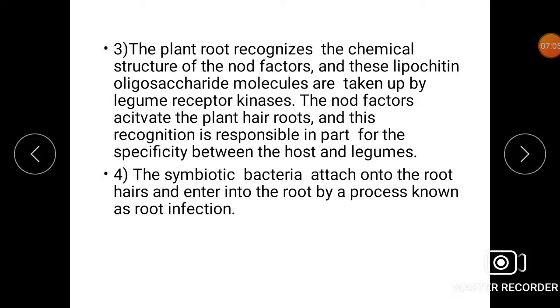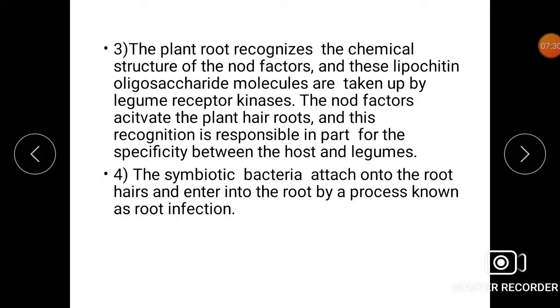The plant root recognizes the chemical structure of the nod factors, and these lipochitin oligosaccharide molecules are taken up by legume receptor kinases. The nod factors activate the plant root hairs, and this recognition is responsible in part for the specificity between the host and legumes.